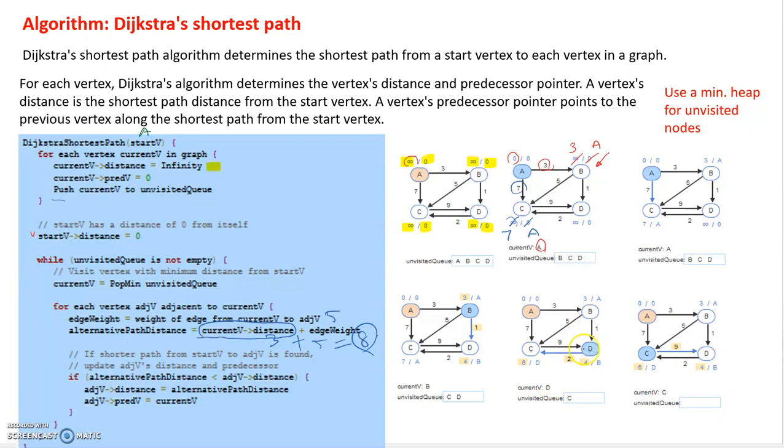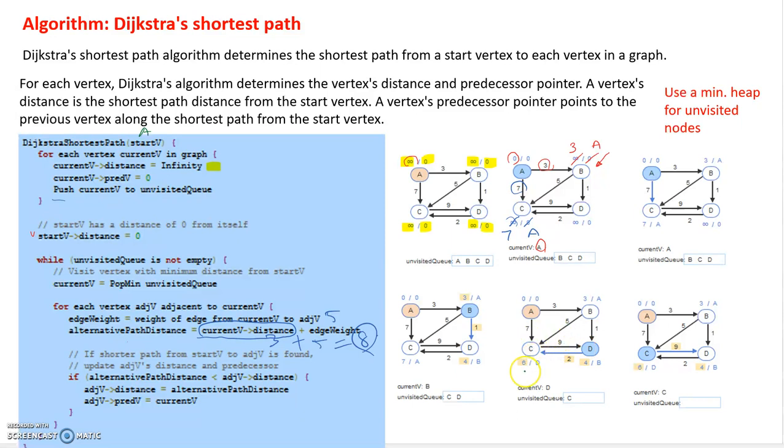The only one that you can reach would be C. You've got to follow the directions. B is not adjacent because you can't reach B from D. You can come from B to D, but not from D to B. So adjacent to D is only C.